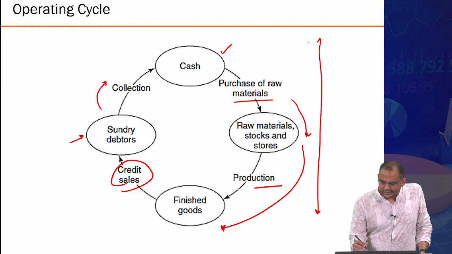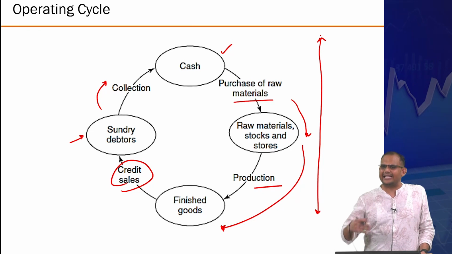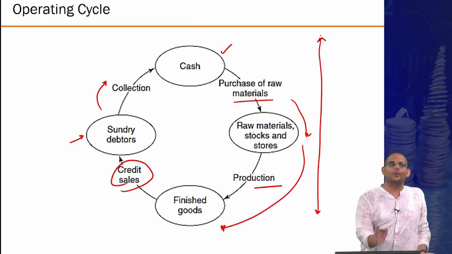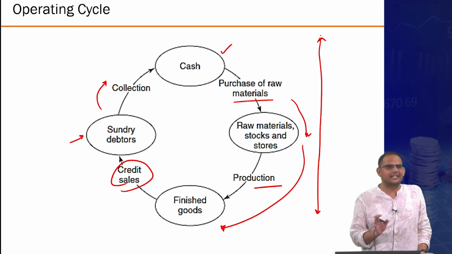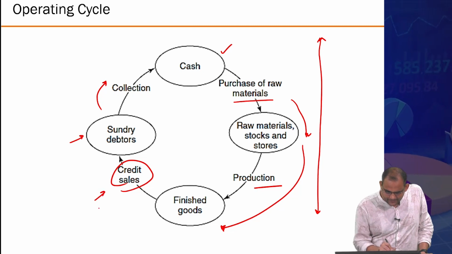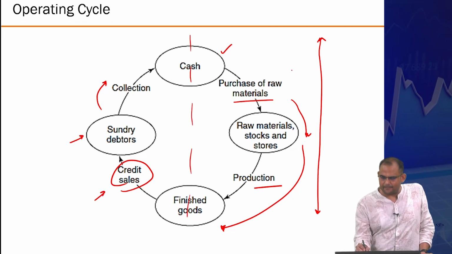Now, basically the size of this operating cycle, or essentially the delays, the more the delays in this operating cycle, the more your working capital requirements are going to be, right? If, for example, you have too much credit, you cannot stop this side of the circle.